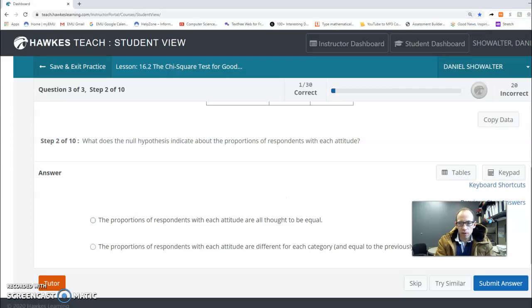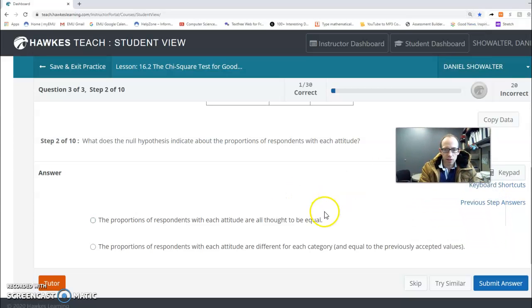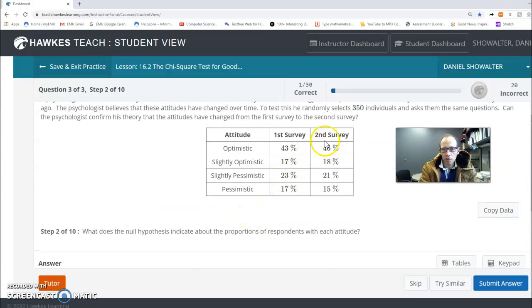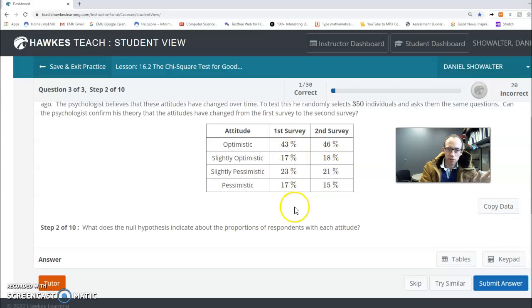So here, what the null hypothesis means in our goodness of fit is not necessarily that the proportion of each category is the same. What we want to know is whether the second survey is the same as what it was years ago in the first survey. So we want to know if the optimistic equals 0.43, the slightly optimistic is 0.17.